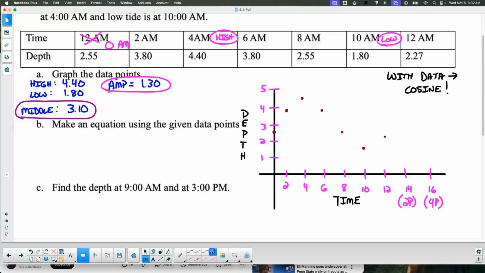Where would it start? If we're doing a cosine, where would it start? At 4. Okay. What would the period then be if it starts at 4?